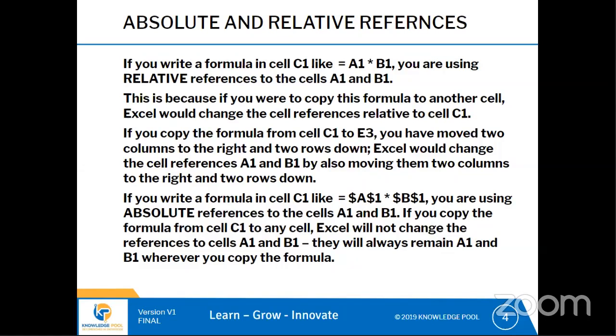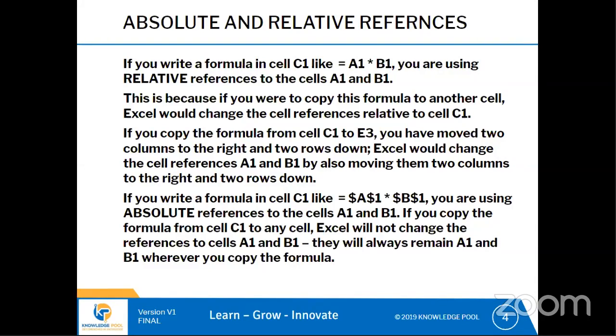So if we copied the formula from C1 to E3, we've moved 2 columns to the right and 2 rows down. So to help you, Excel would change the cell references A1 and B1 by also moving them 2 columns to the right and 2 rows down.